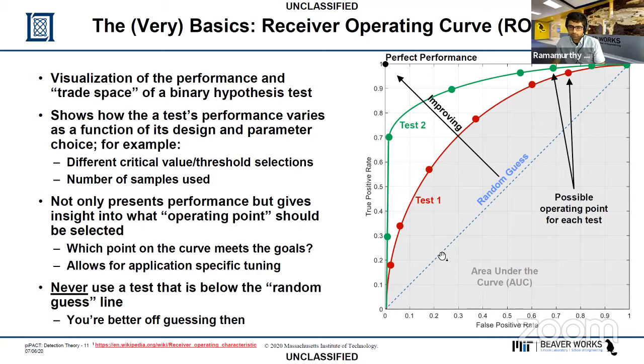The false positive rate is what fraction of the truly negative samples did I incorrectly declare as positive samples? And that's why this graph goes from 0 to 1. These are fractions or rates.